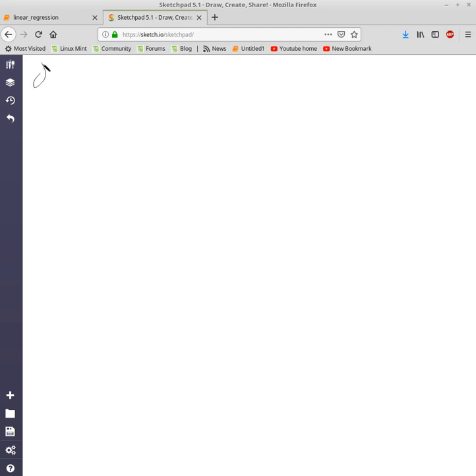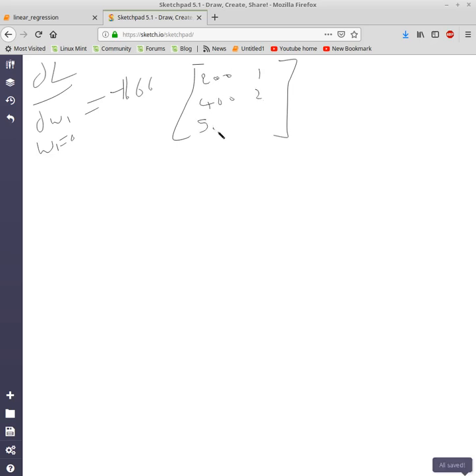Again, from last time, dL/dW1 at W1 equal to 0 was equal to negative 1,666 for the values 201, 402, and 503.